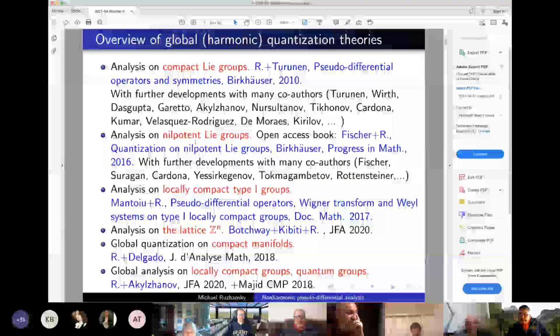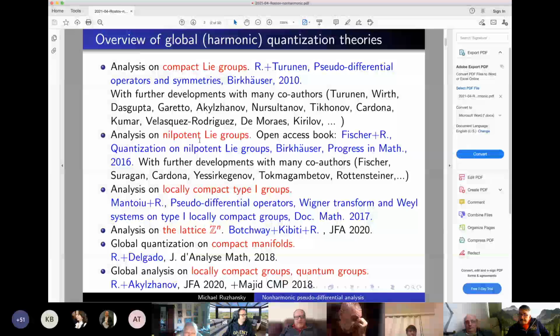Then I worked on nilpotent Lie groups, like R^n or the Heisenberg group, where we can also develop a global theory of pseudo-differential operators, but again it is based on the group structure. We also have a few works on general locally compact groups, but again I consider this as harmonic type analysis.